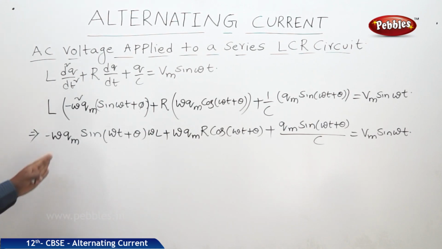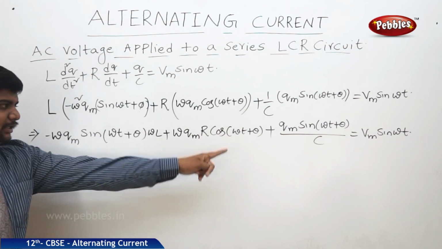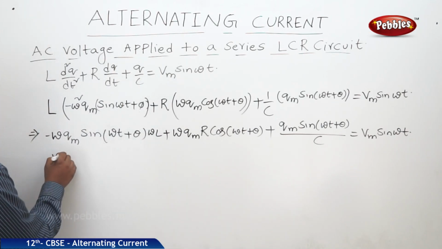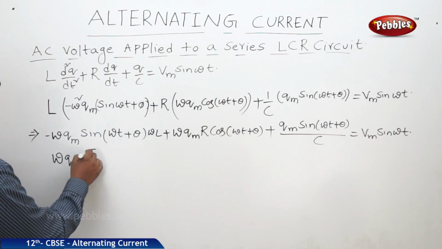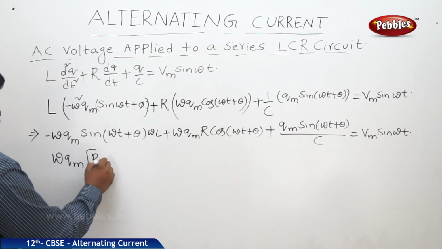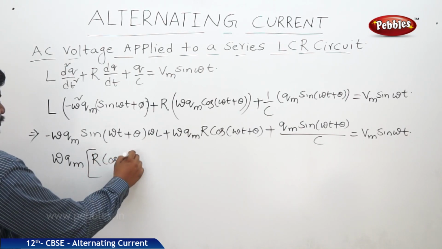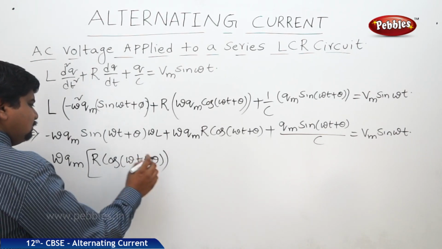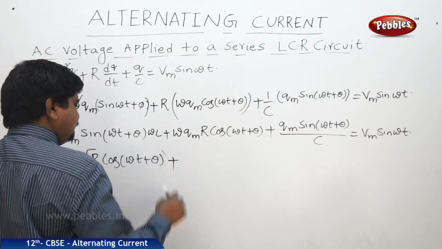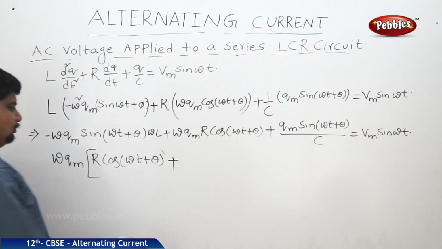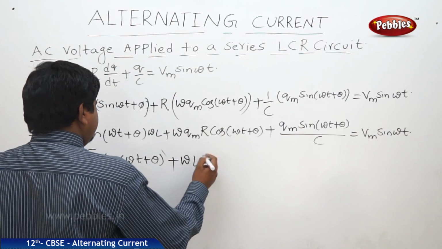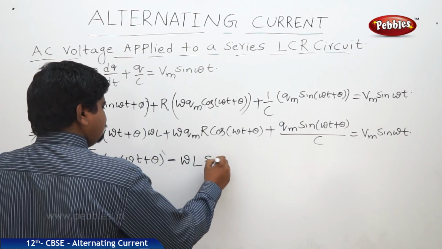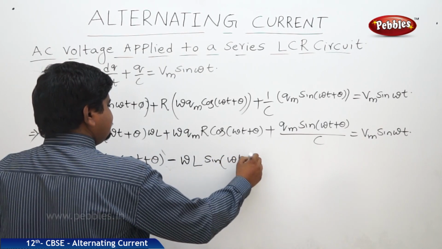I am taking ω qm as common in the whole equation on the LHS side. ω qm as common. What can we write? R cos(ωt + θ) plus, and here also, minus ωL sin(ωt + θ).